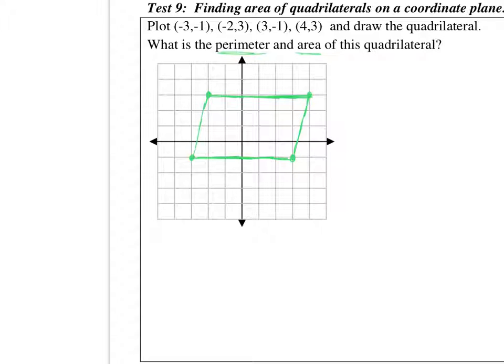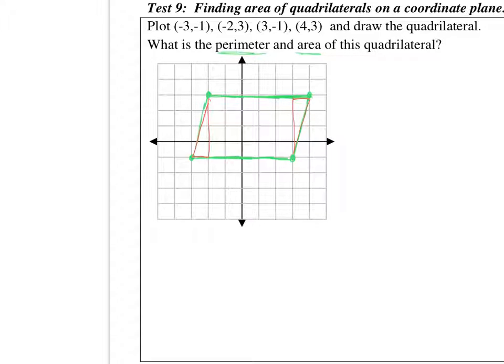Now, if you know the formula for area of a parallelogram, it's base times height. Or you could think of this, which I'm going to do real quick, as 2 triangles and a rectangle. I'm going to think of this as a triangle, and a rectangle in the middle for area.